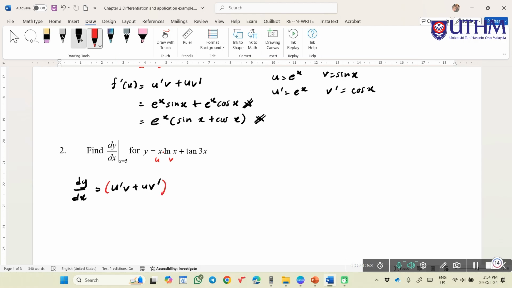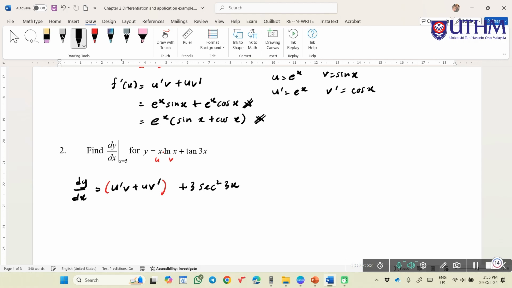I put the first term here in the red bracket. So plus, we can directly differentiate tangent 3x. The differentiation of tangent x is secant squared x. Secant squared 3x, because now we differentiate tangent 3x. However, since we have 3 here, we need to multiply by the differentiation of 3x, which is 3.